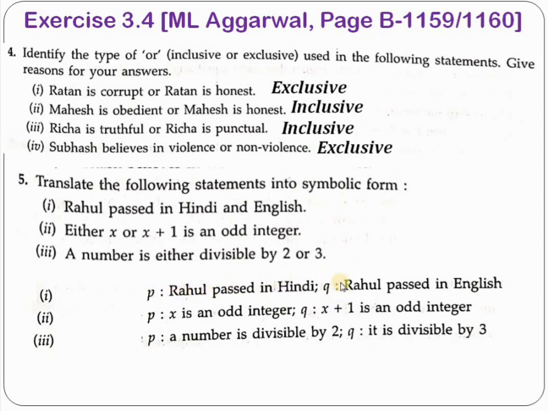Now P and Q are connected using the word and, so in symbolic form this can be written as P and Q. Similarly, this can be divided into two component statements. P is x is an odd integer, and Q is x plus 1 is an odd integer.